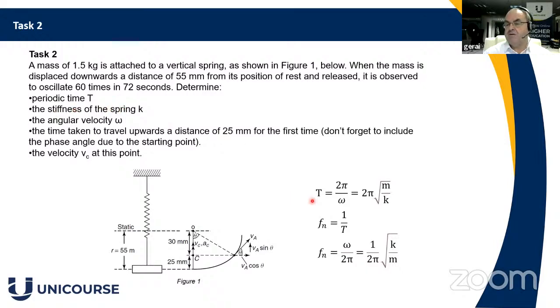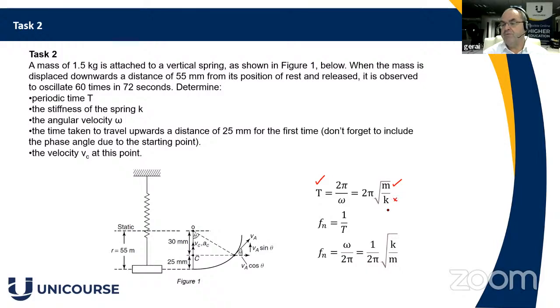Now, what information have we got? Let's look at the equations that we've got available. We've got the periodic time T, and we've got the mass. So we can calculate k.